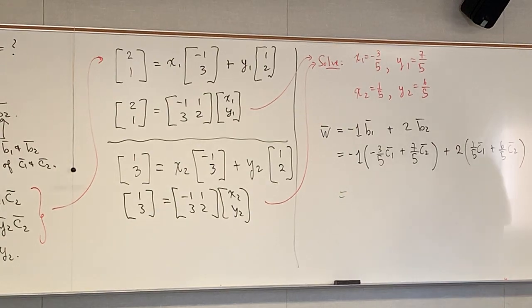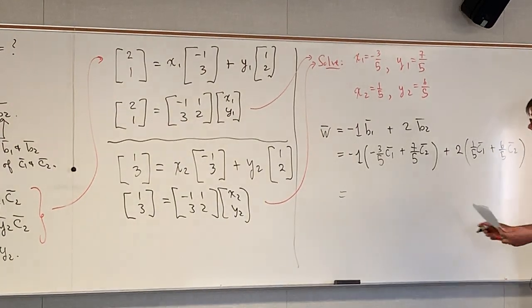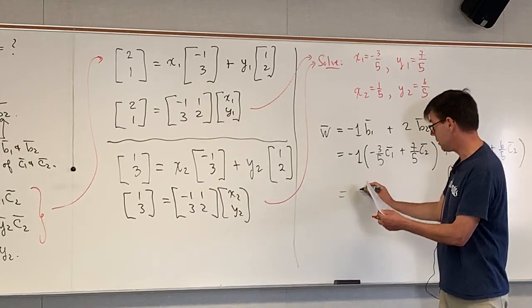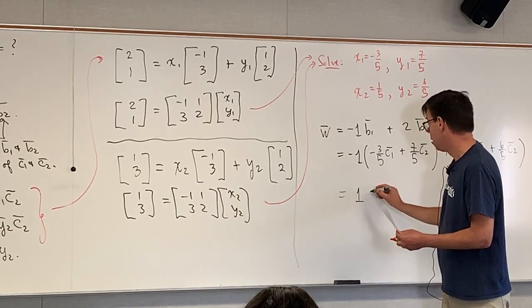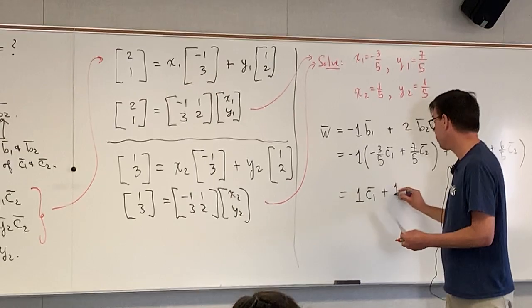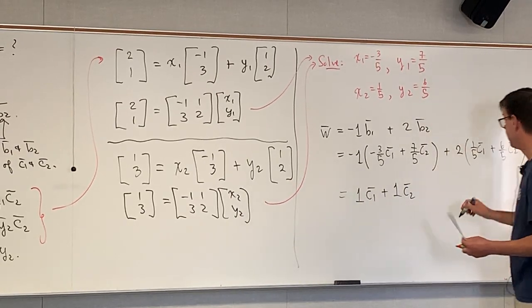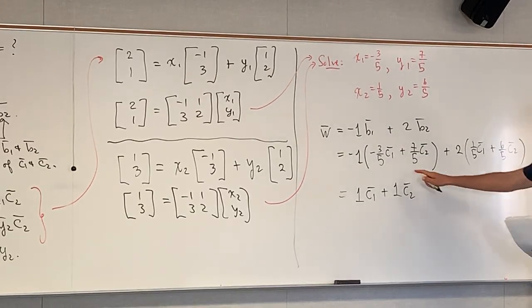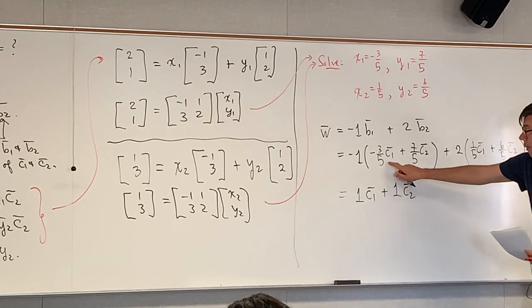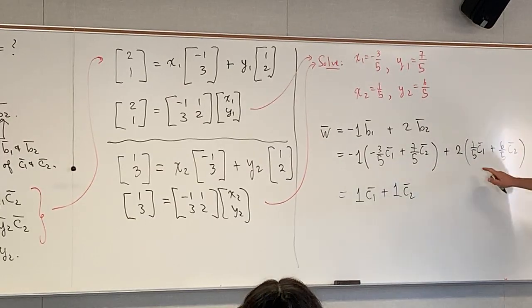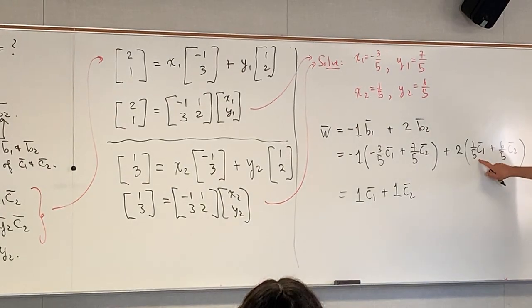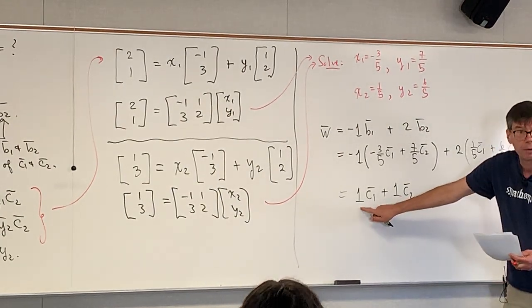And we can multiply all that out finally. Surprising me, it actually turns out to be 1 C1 plus 1 C2 when you add all those up. Because we get positive 3/5 C1 plus 2/5 C1 is 5/5 C1, which is 1.